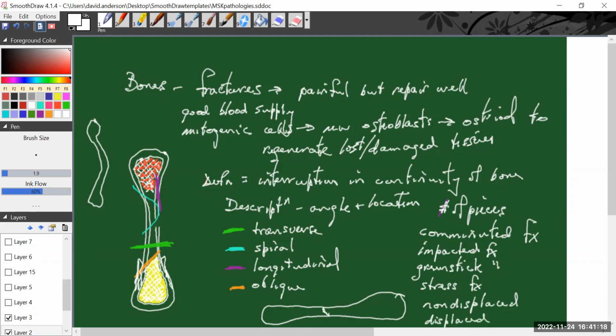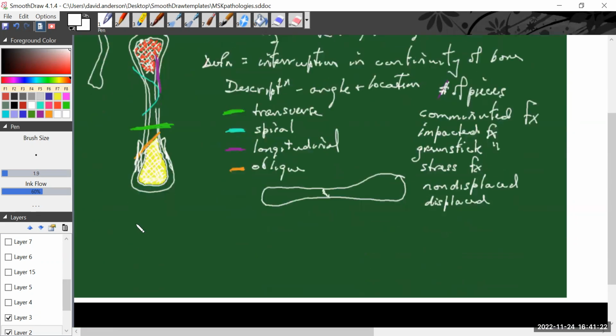If it's called a compound fracture, let me see if I got some more space here. Anybody know what a compound fracture refers to?